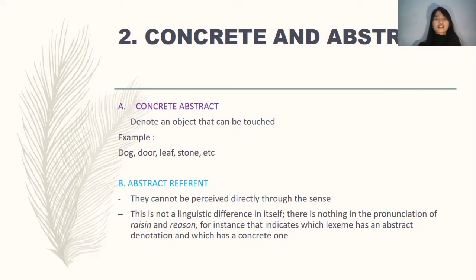So for abstract reference, we cannot see the object; it is only in our mind, and we cannot perceive it directly through the senses.